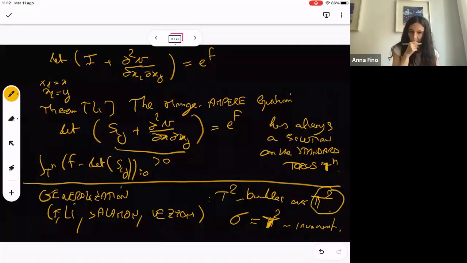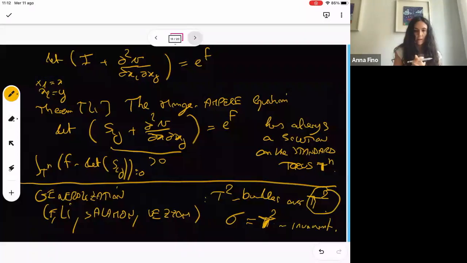I have no time to give the details, which are in the slides, but the idea is to use in general the properties of T2 bundles over T2, orientable of course, because they are geometric in the sense of Thurston.